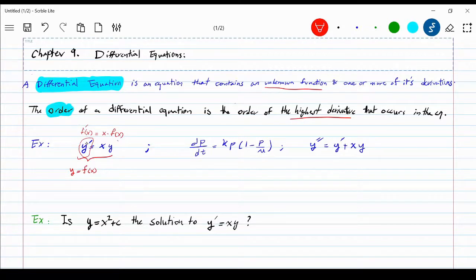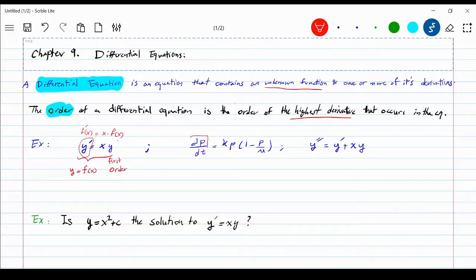So this is an equation that contains the first derivative and the unknown function y. It's not always in terms of x and y. Sometimes they write f prime, sometimes they write dy over dx, and so on. So this is a differential equation of order 1. Normally they say this is a first order differential equation.